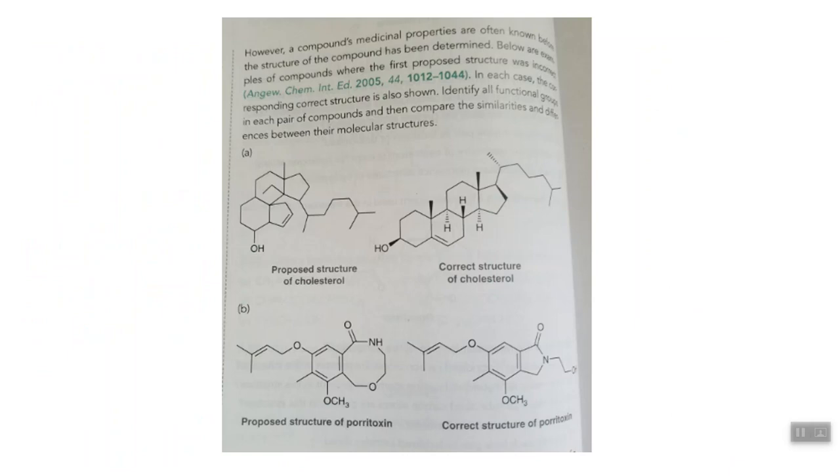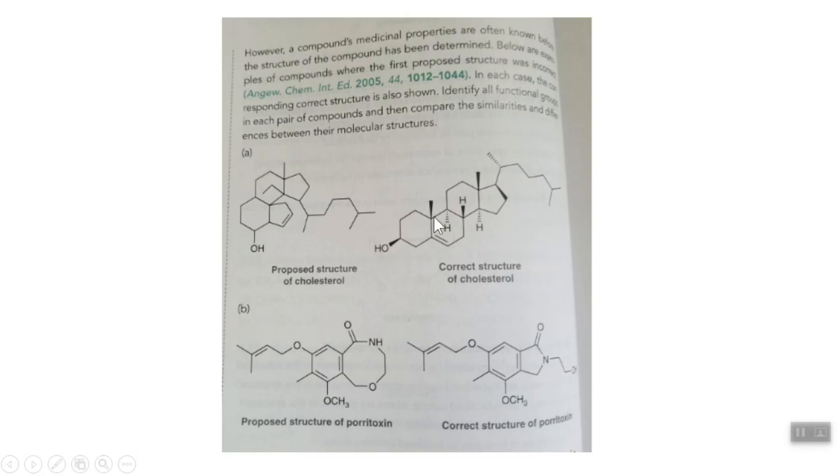One of the things you should be able to do is look at a molecule and identify the functional groups in it. For instance, we have an alcohol and an alkene over here to the left. Sometimes you will notice what we call wedge bonds or dash bonds. Wedge means that the carbon at the end of it, or the hydrogen or the oxygen, is coming towards you.